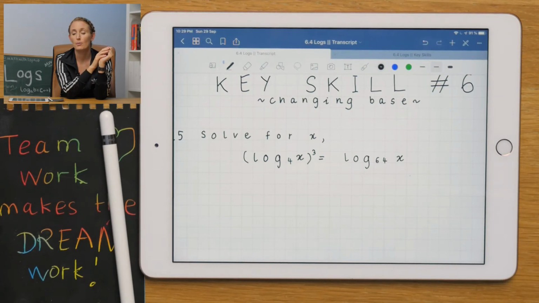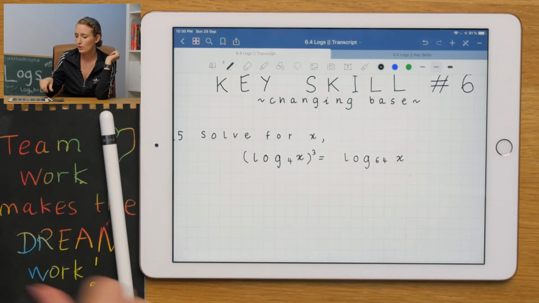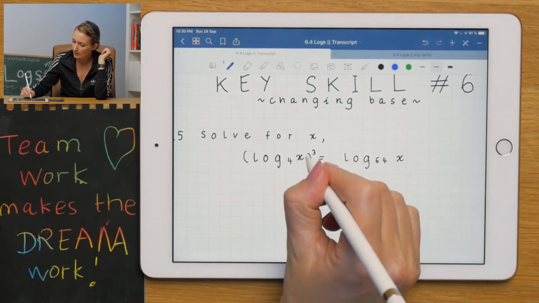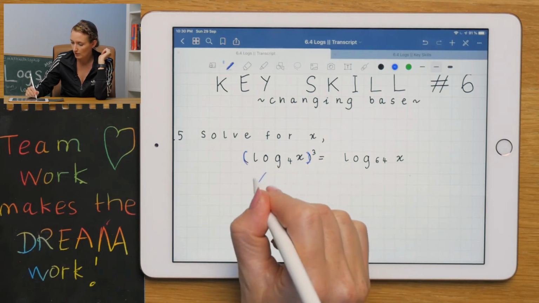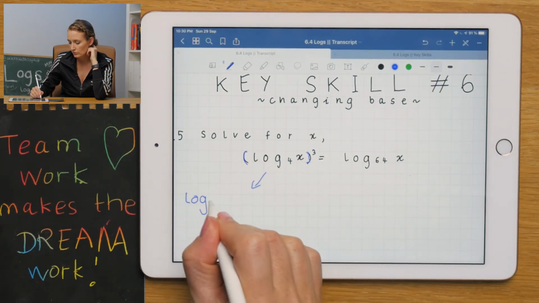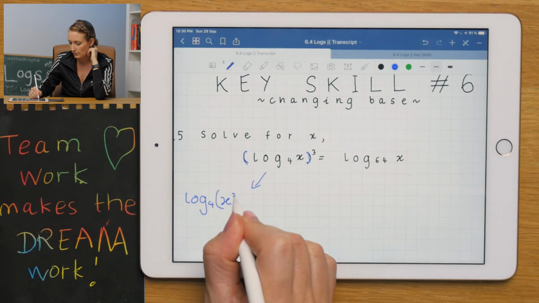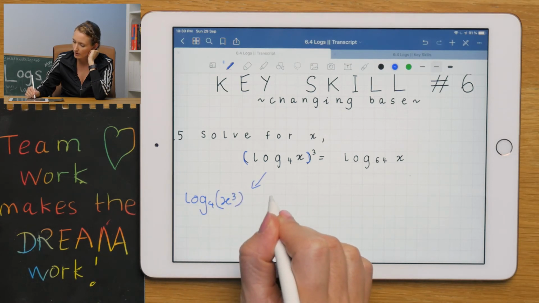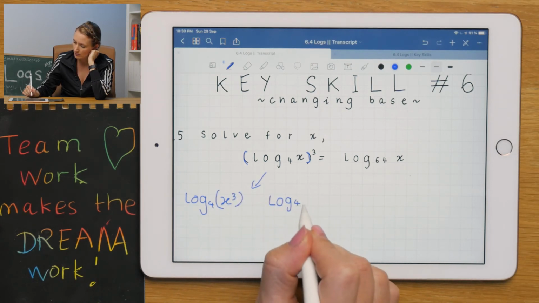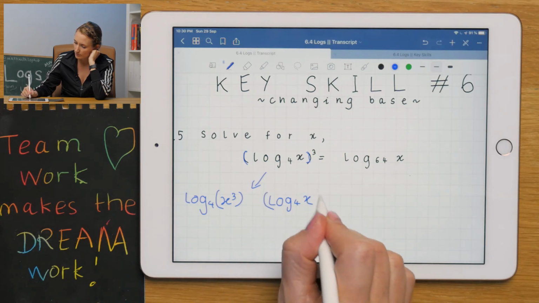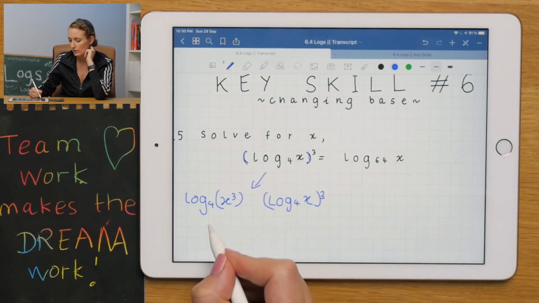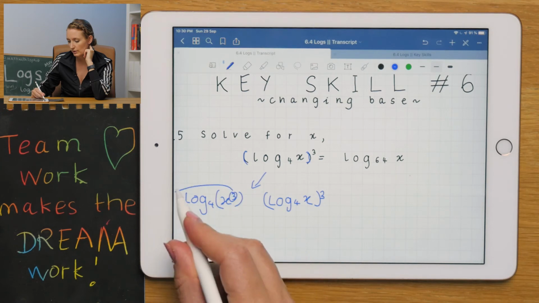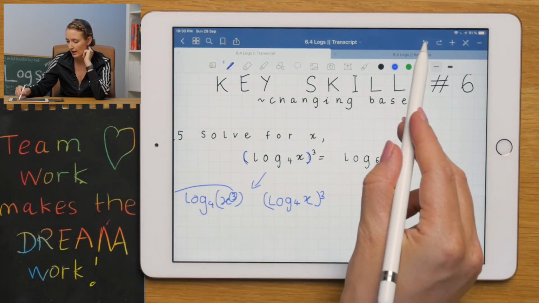Question 5. Multiple attempts to screw you over in question 5. Two big problems. One big problem is that the cubed is on the outside. People seem to not get the difference between this and this. Just to be clear, here you could bring the 3 in front and it's only the x that's cubed.